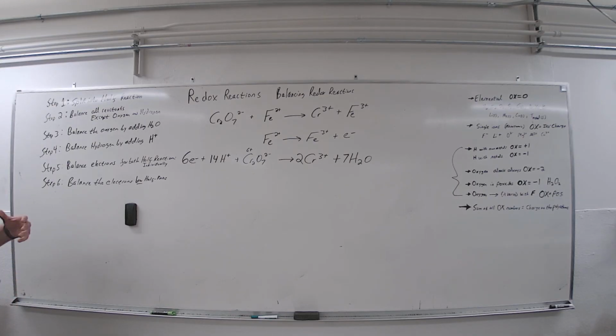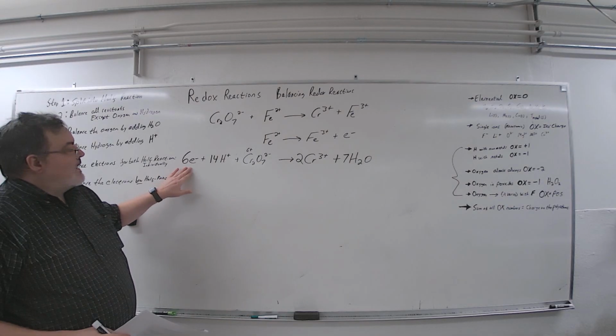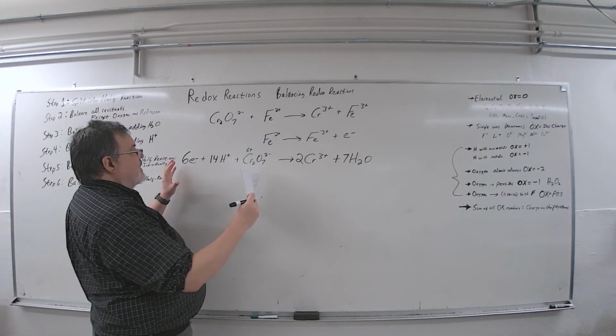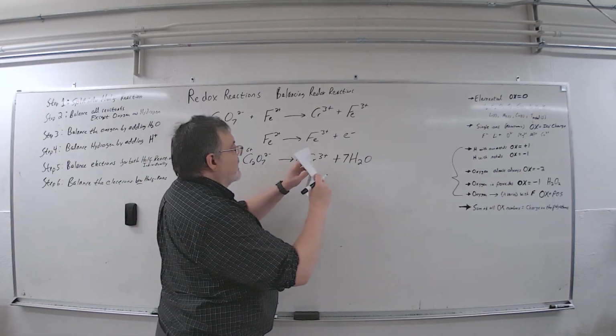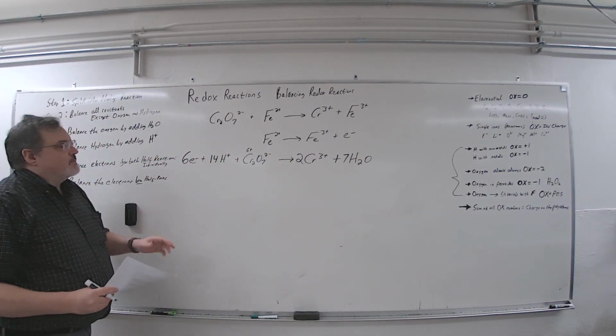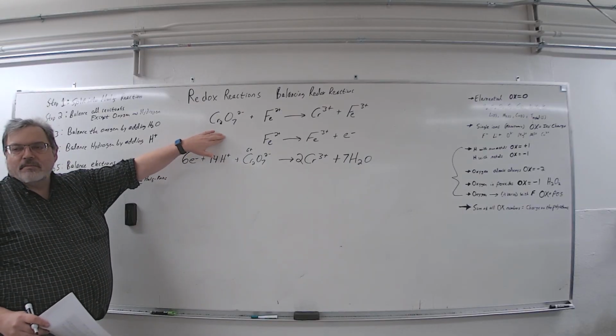One of the things, so now we're going to tie these two half reactions together by making sure we have the same number of electrons. Because however many electrons are gained over here have to be the same number of electrons that are lost over here. So basically, I'm just going to multiply through here by 6 to get them to balance.